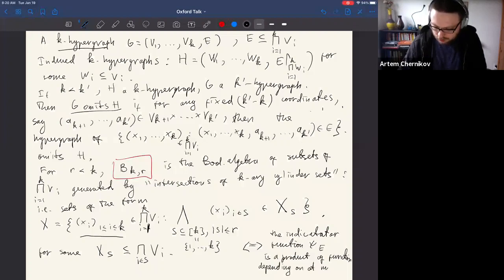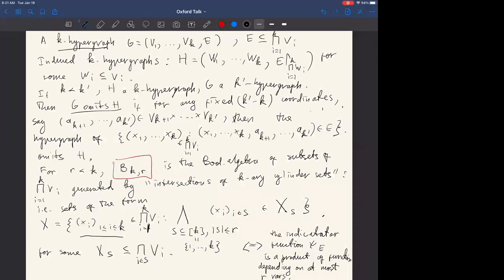So we can impose all such conditions, but no condition can involve more than r variables at a time.